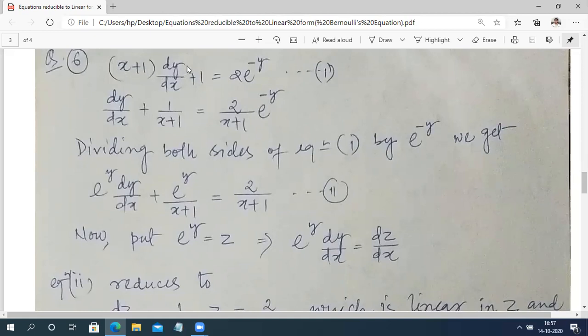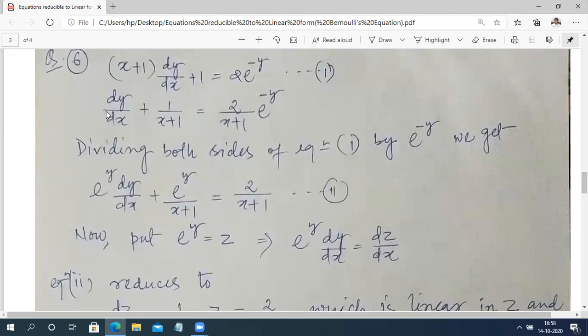So divide the whole term by x plus 1. So it will become like this. Now your p is a function of x, that is 1 upon x plus 1, is equal to q, which is 2 by x plus 1 into y raised to the power n. Here y is a function of n, so it will be e raised to the power minus y.